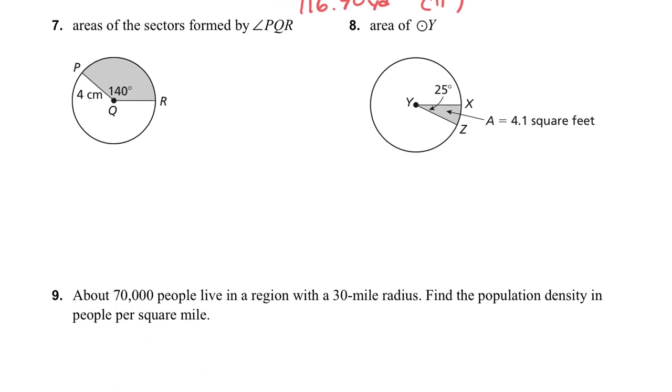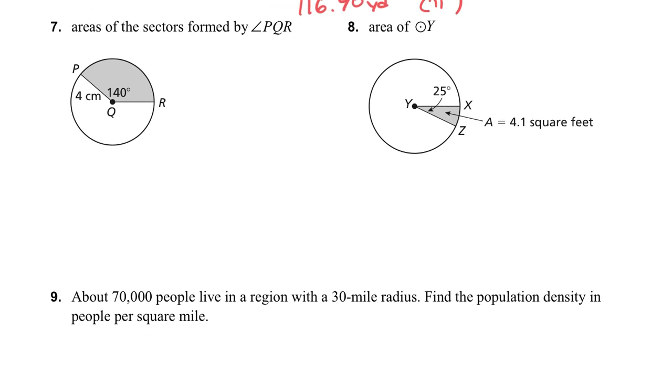Now let's talk about those sectors. So the sector formula said that the area of our sector is equal to our angle we're looking at, which is 140 degrees, divided by 360 times, not times 2, times pi r squared. So pi times our radius squared. Now, I see everything right here is just numbers.